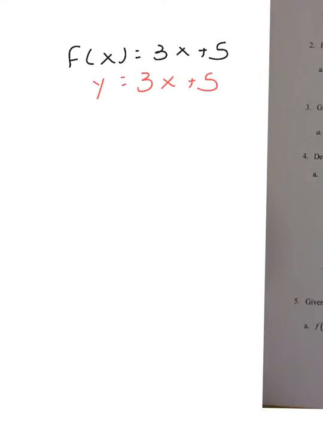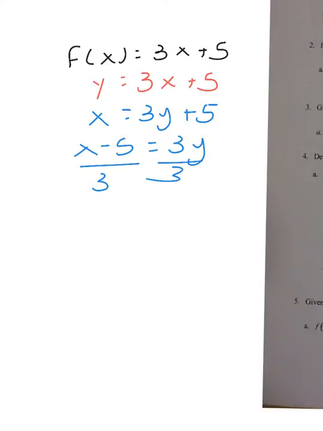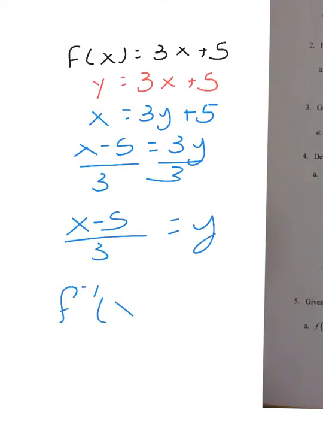Switch x and y. X equals 3y plus 5. And now I solve for y. So minus 5, x minus 5 equals 3y. And then divide both sides by 3. So it's x minus 5 over 3 is equal to y. That's your inverse. So the inverse of f of x is equal to x minus 5 over 3. Okay, so let's take a look at 3b.